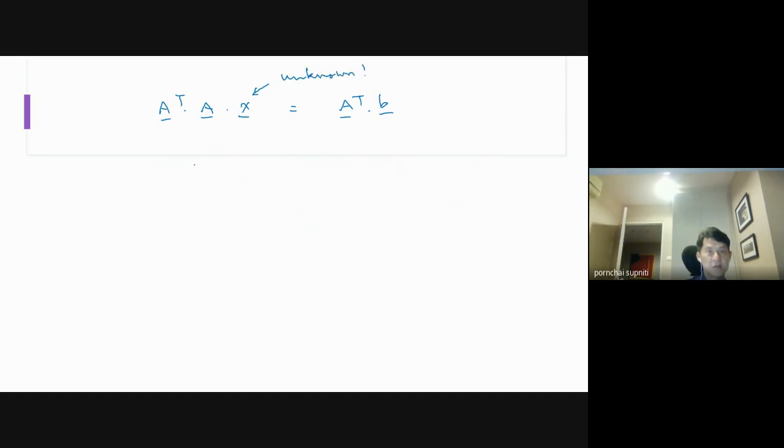So I write X like this. I multiply the inverse of A transpose times A to both sides. So I have A transpose multiply with A inverse, and then I multiply with A transpose multiply with B. When we do this, this is called the left inverse.